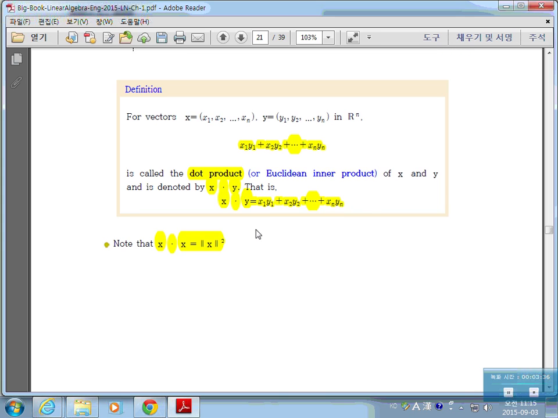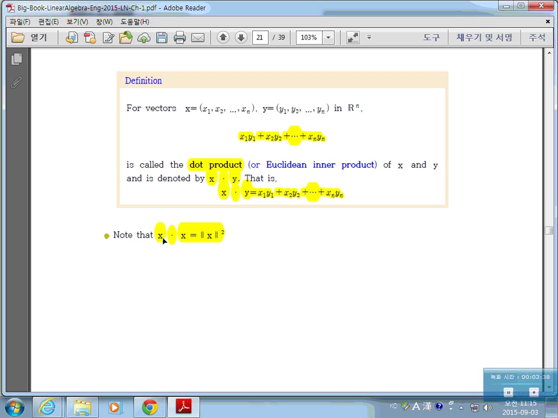From here, the inner product of x and x can be written as the square of the norm of x. We can easily check this, because x dot x is x1 squared plus x2 squared plus up to xn squared, which is the square of the square root of all those. It's the same as the square of the norm of x.